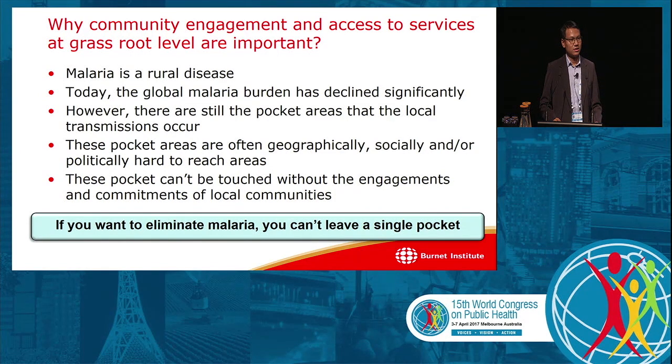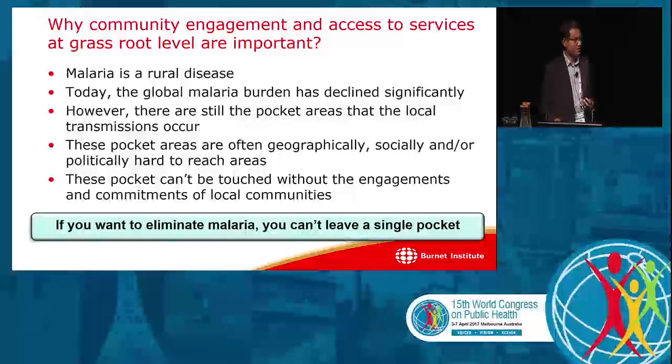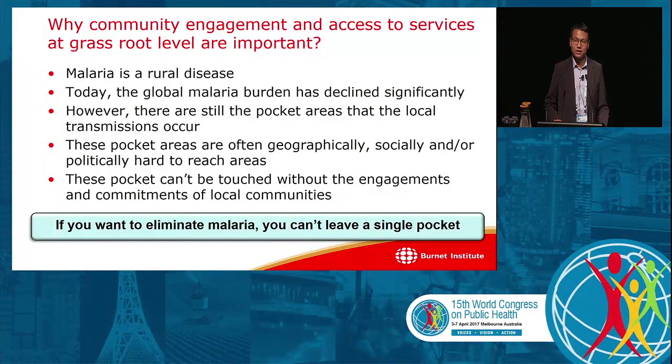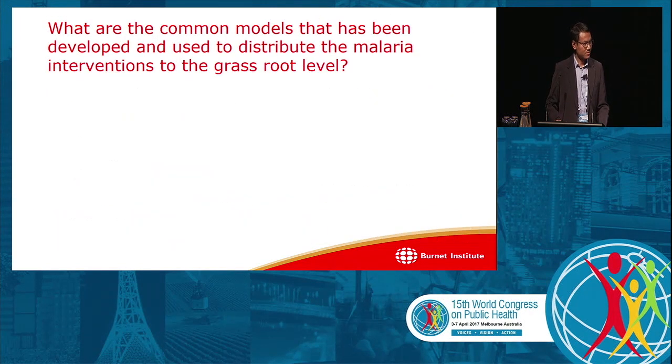If we cannot make special engagement with the community, then we cannot reach and effectively eliminate malaria in these pocket areas. We have to remember that if we want to eliminate malaria, we cannot leave any single spot in a malaria endemic area.